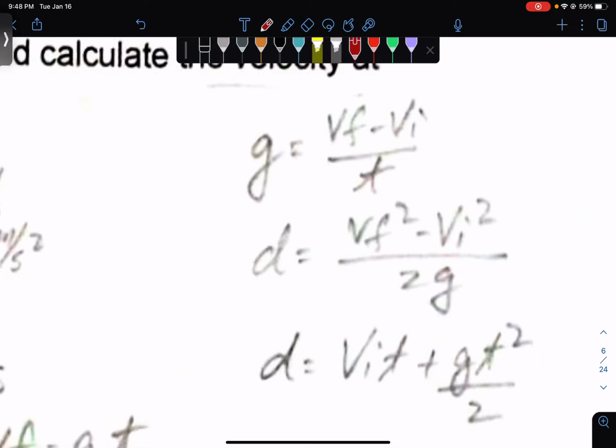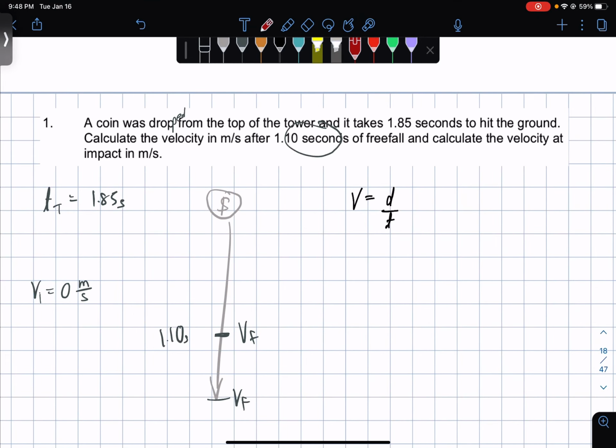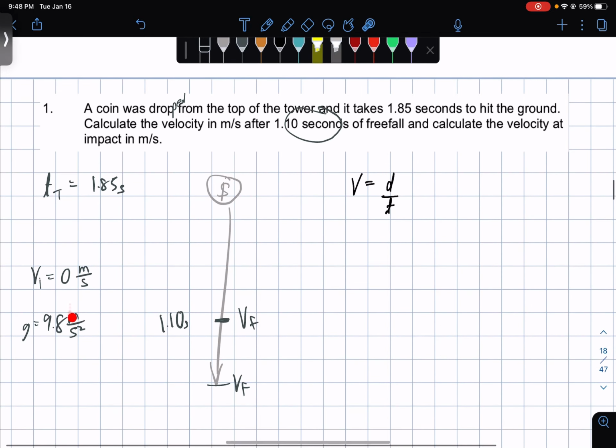We're dealing with gravity at all times, so even if we're not given a value of acceleration, G is always equal to 9.8 meters per second squared. We're on Earth, so this is the constant. It varies depending on how strong the gravity of the planet is. On Mars, it's significantly weaker.